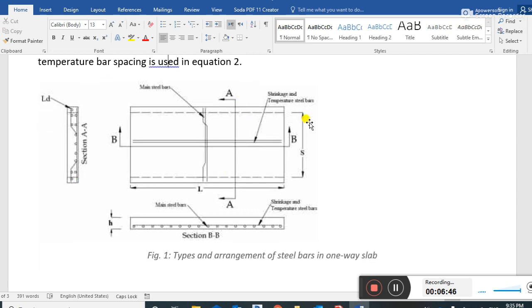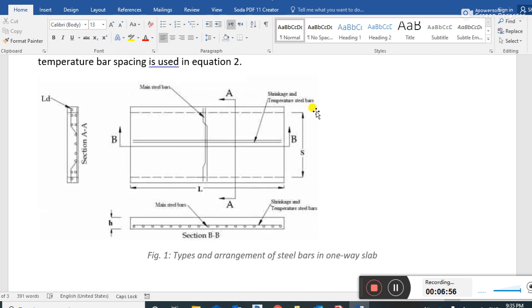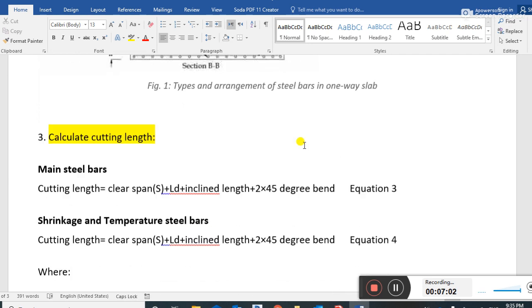Guys, this is our slab design. This dimension is L, and this dimension is denoted by S.